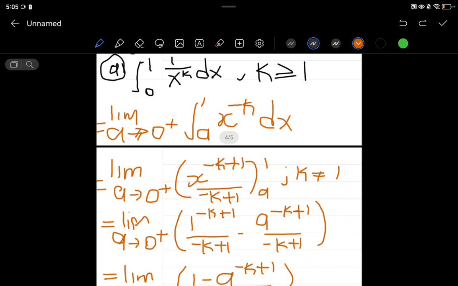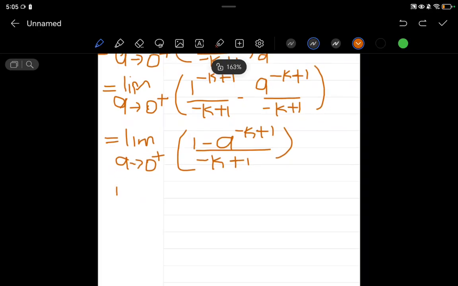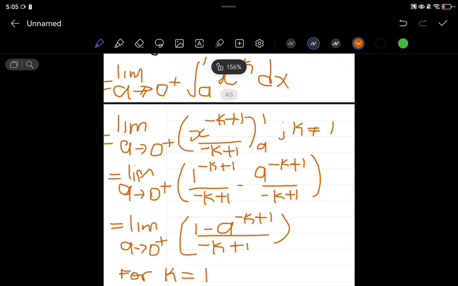So I'm going to come and say for k greater than 1, or I can say for k equals to 1, let me start with k equals to 1 because I want all these conditions.